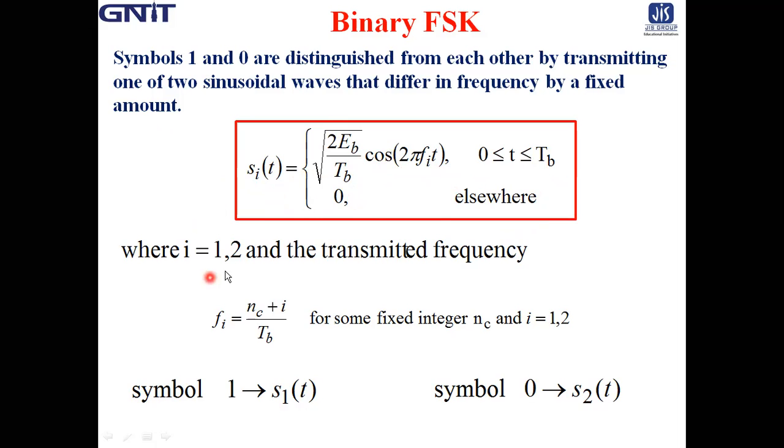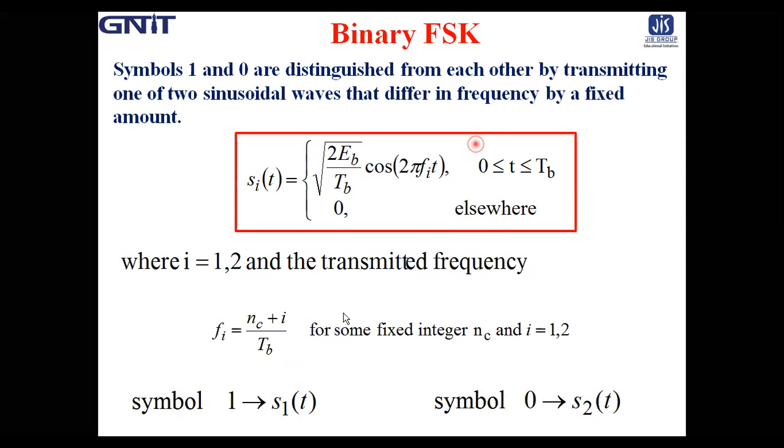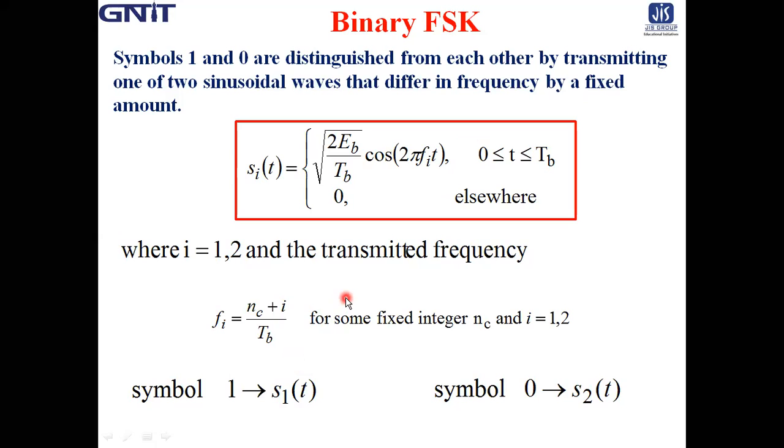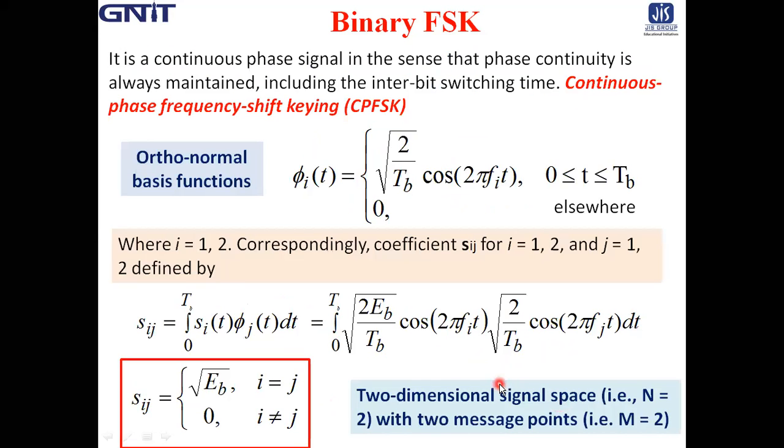Now here i equal to 1 and 2, and E_b is the signal energy per bit. Therefore, the transmitted frequency f_i is (n_c plus i) by T_b for some fixed integer n_c and i equal to 1, 2. So, the symbol 1 is represented by s_1(t) and symbol 0 is represented by s_2(t).